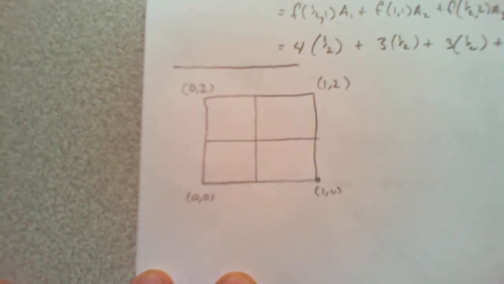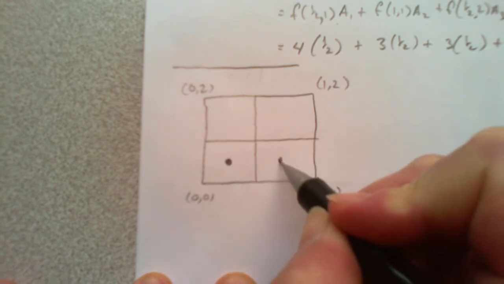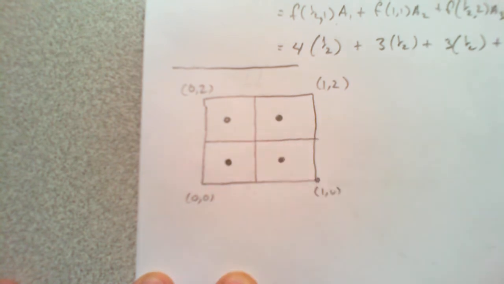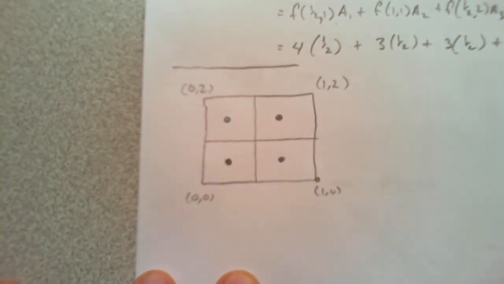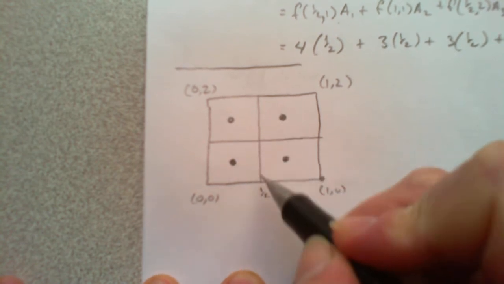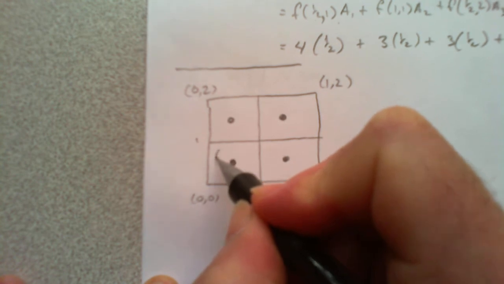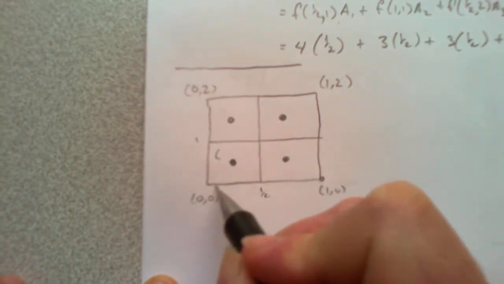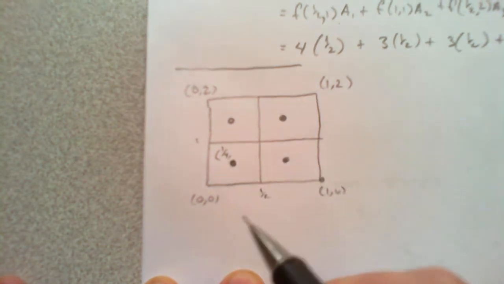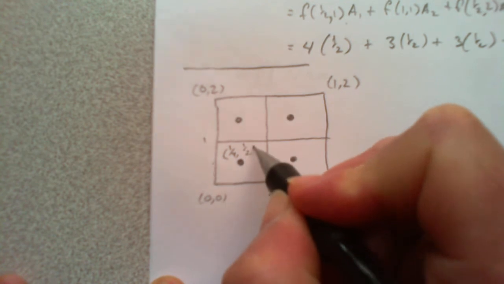But when you're choosing midpoints, it wants you to choose the point that's dead in the middle. So in this situation, this is still 1/2 if you were to go out that way, and that's 1. The points you're going to have to choose on this one right here, you have to come out midway, which is going to be 1/4. And then coming up here, it's 1/2.